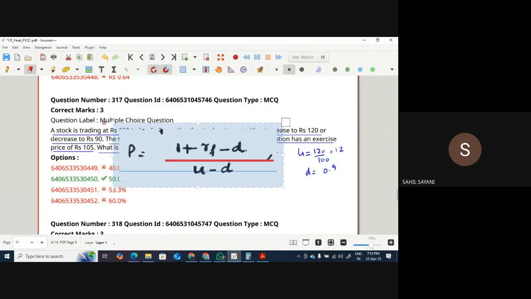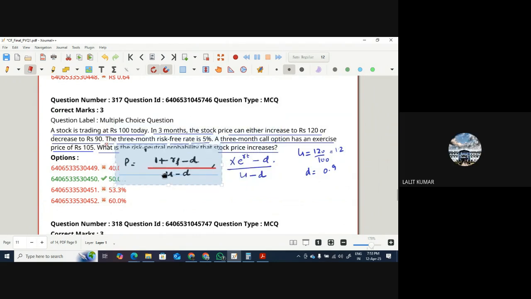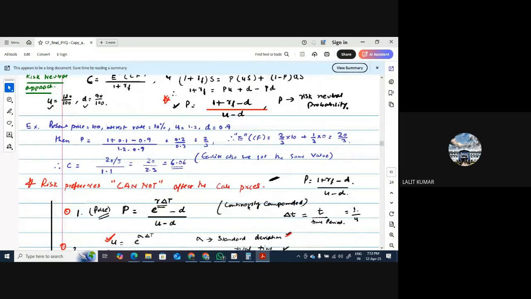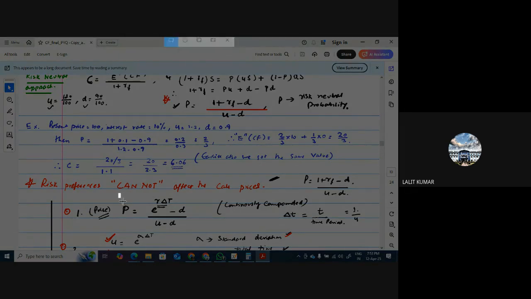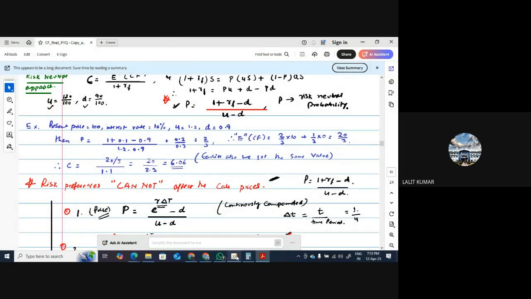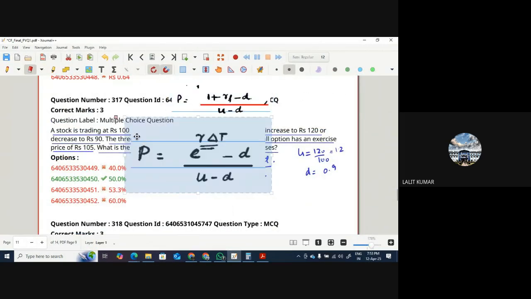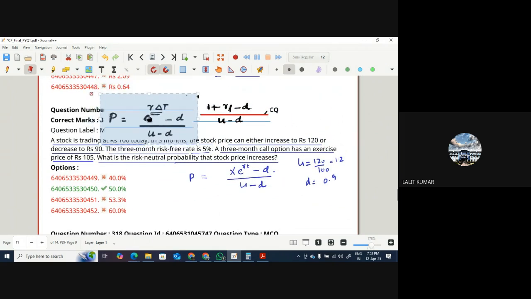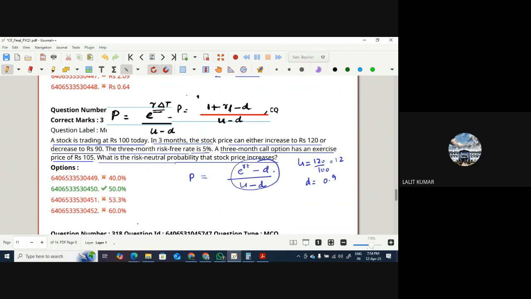Okay, so this is one formula when it is not continuously compounded. This will be the formula. The second is continuously compounded, this formula. This is for continuously compounded, and this is for not continuously compounded.